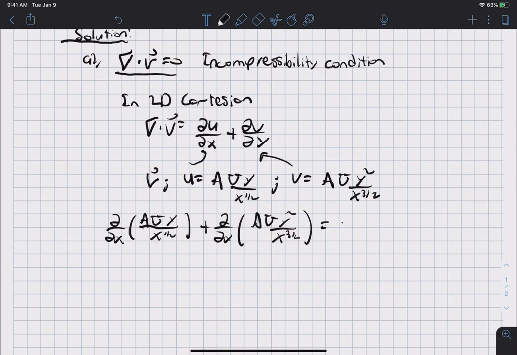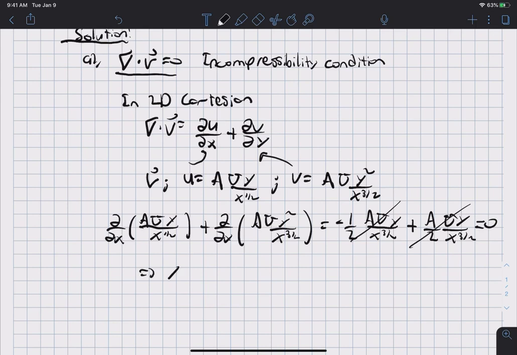This equals minus 1/2 a times cap U. Those are both constants. Y is not a function of x. And over x to the 3/2 power, plus a over 2 U y over x to the 3/2 power. And you can see that these two cancel out, and this is equal to 0.